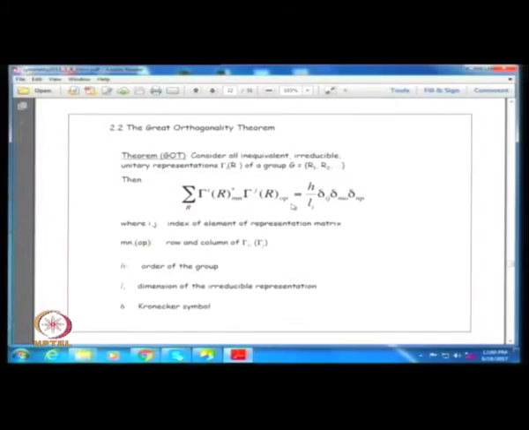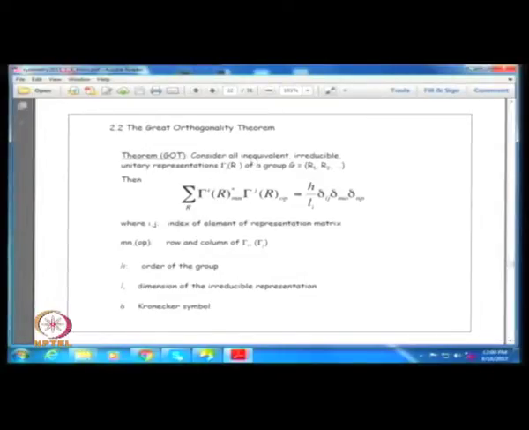In the notation of these slides, they use capital gamma instead of D. I think physicists use D. Anyway, I am used to it, but that's the only difference.